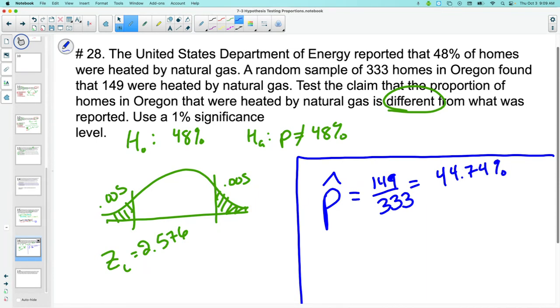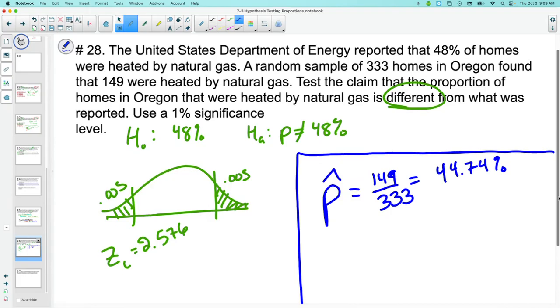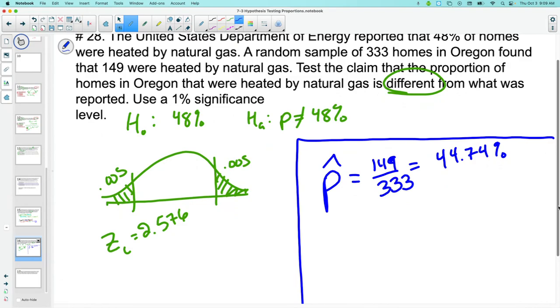Alright, so that percentage. So then we can find our z-score, right? How do we find our z-score on that? 48%. What's the difference?